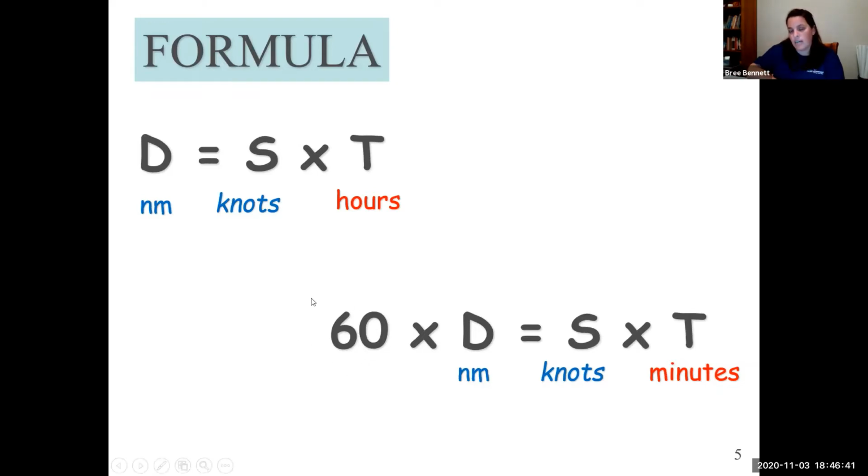This is kind of our conversion number that we put in here. So we have 60 D Street. That's why I keep saying 60 D Street. So 60 times distance equals speed times time, and that time is going to be in minutes.